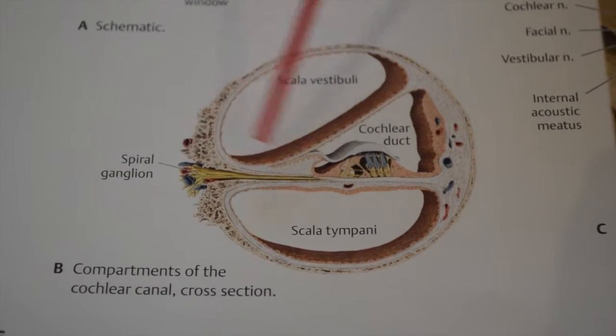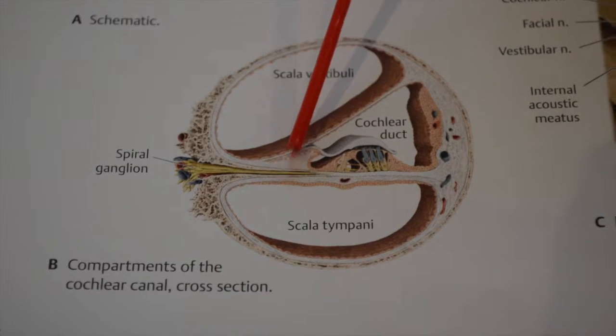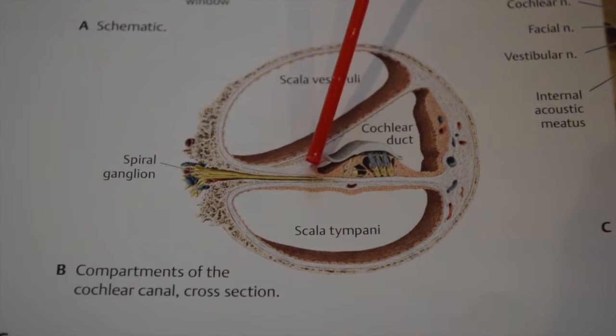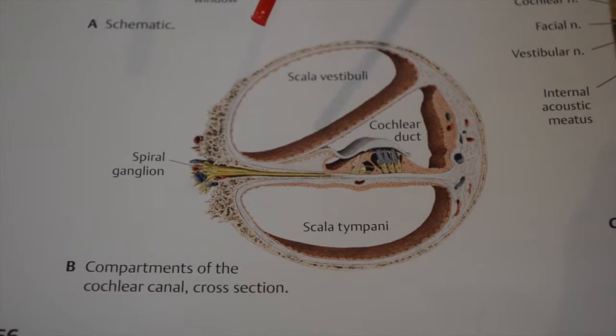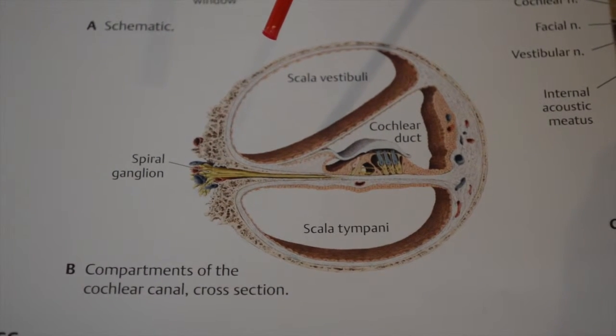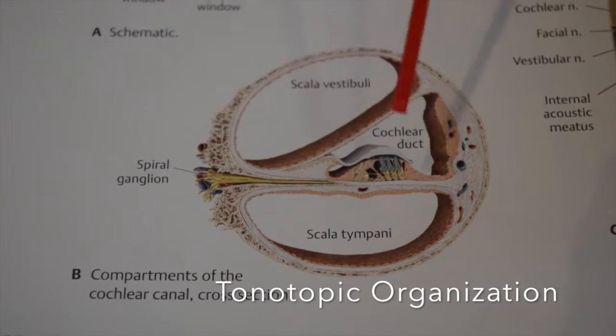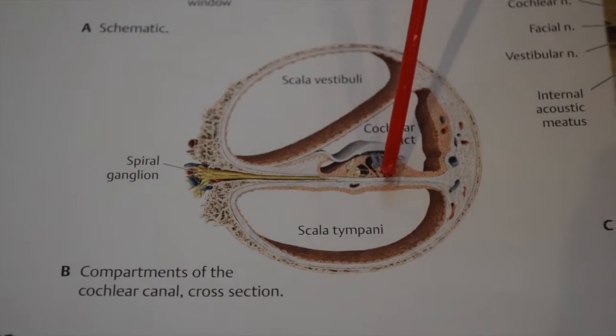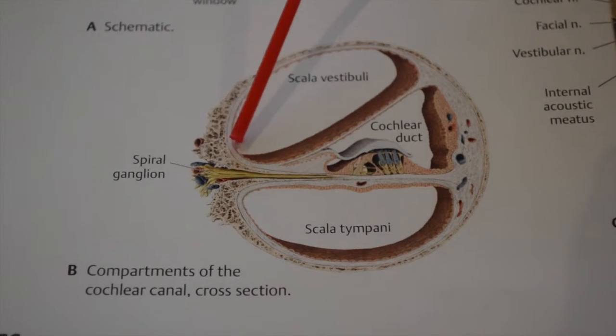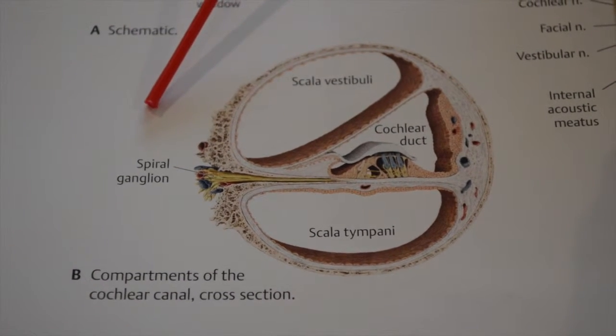They do so by being stimulated through the movement of the basilar membrane, in which the base is most sensitive to high frequencies and the apex is most sensitive to low frequencies, otherwise known as tonotopic organization. When these hair cells are stimulated, they send their neurological impulses to the brain through the cochlear part of the vestibulocochlear nerve.